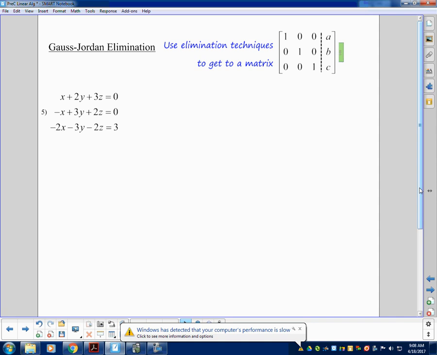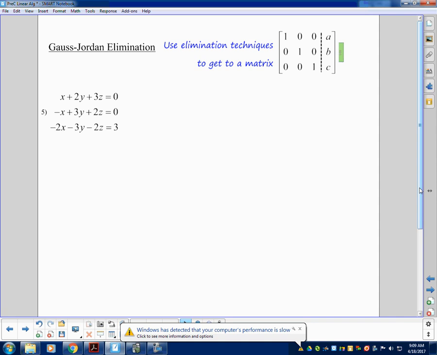So the coefficient of x is 0, the coefficient of y is 0. So this tells me, what's the coefficient of z? 1, right? So this tells me z equals c. So when I get my matrix down to this point, I have solved for z. When I get my matrix down to this point, I have solved for y as well. y equals b. And I've also solved for x. x equals a.